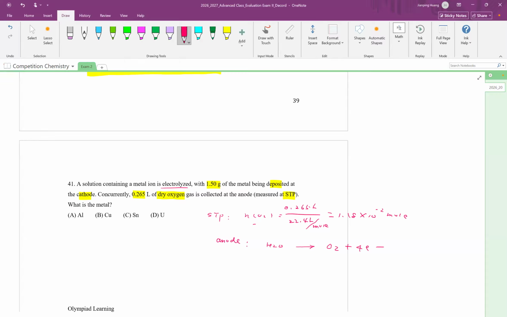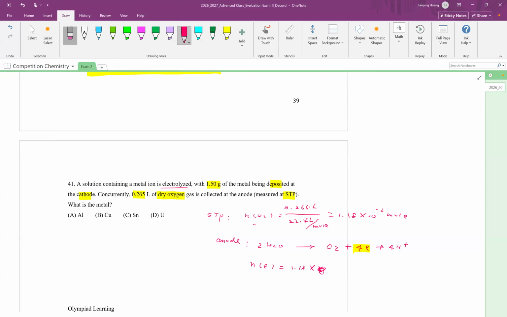So to balance charge, it should be 4 plus, and here should be 2. 4 electrons. So we can calculate n of electrons, which should be 1.18 times 10 to the minus 2, times 4.